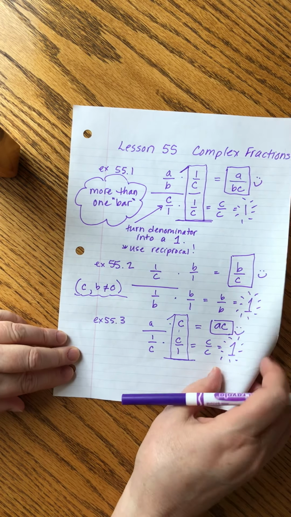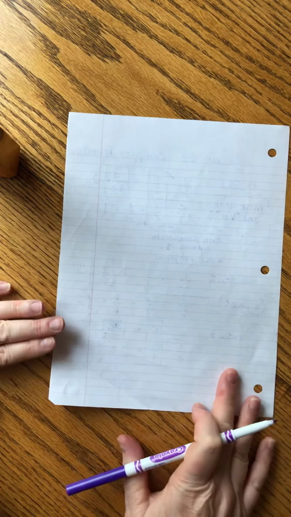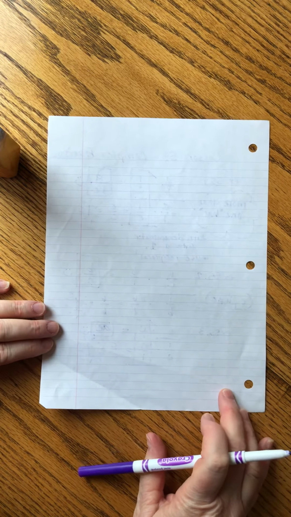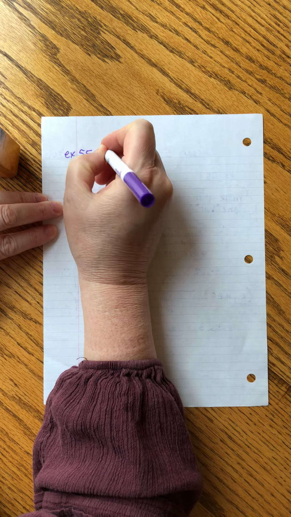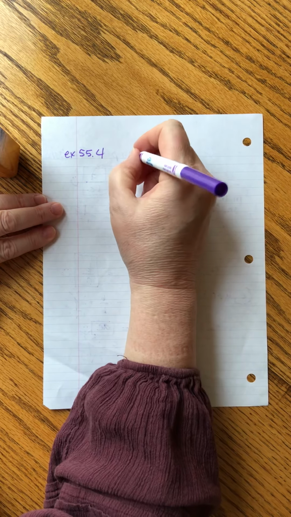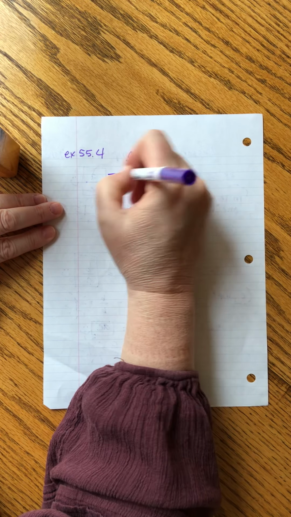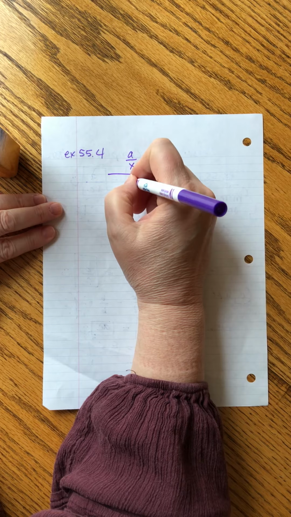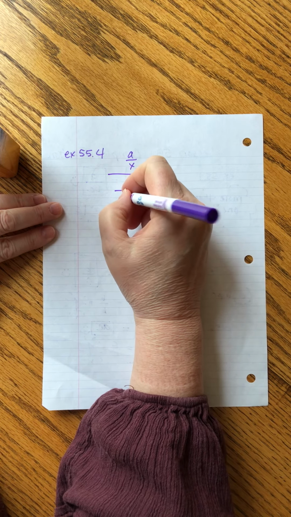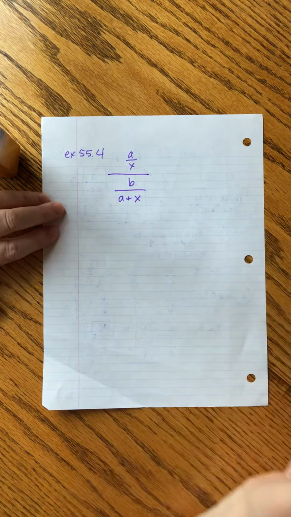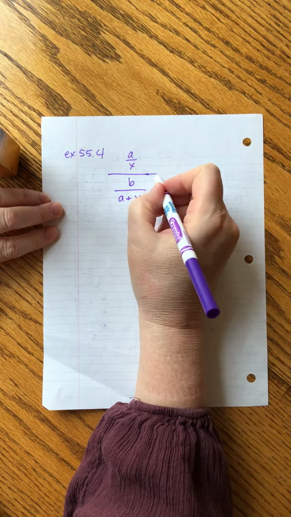Okay, 55.4 on the back. A over X over B over A plus X. What the heck is this?